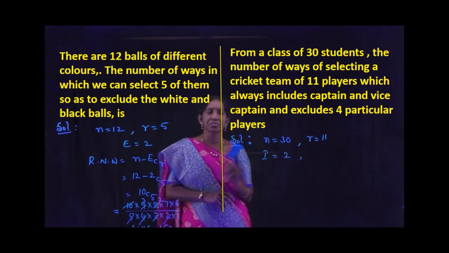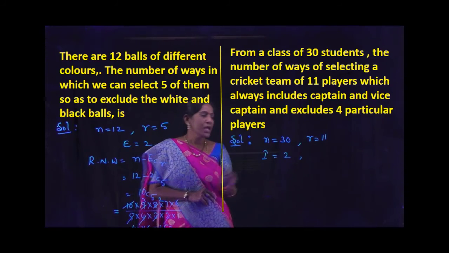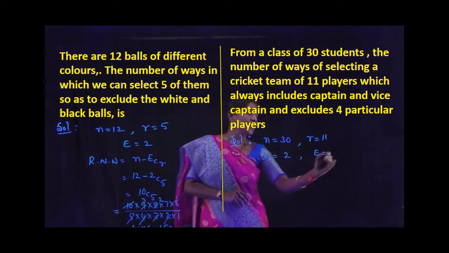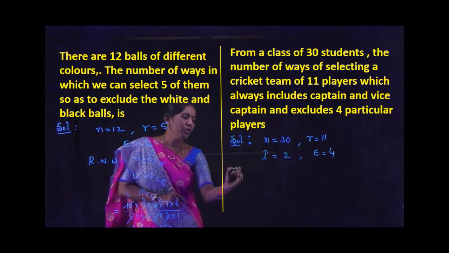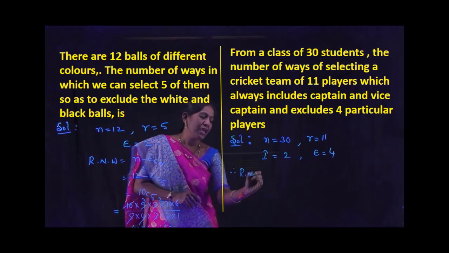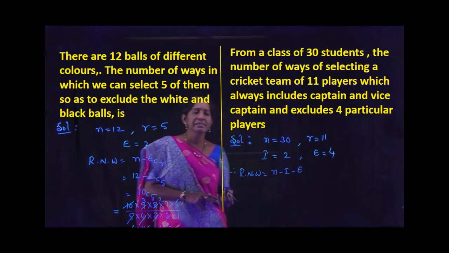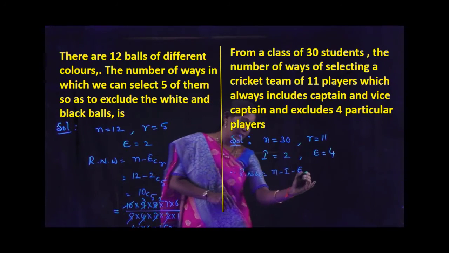So i is 2. And it excludes 4 particular players, excluding things denoted by e. So e is 4. Therefore the required number of ways, when including and excluding things are there, is n minus i minus e C r minus i.